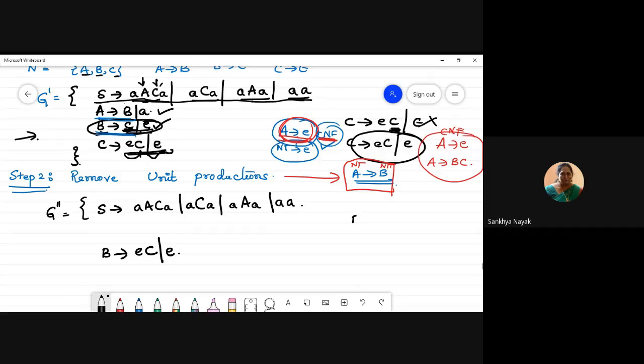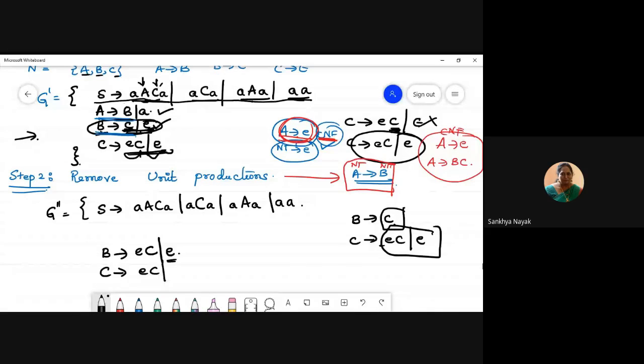See, B derives C, C derives EC or E. So in place of this C, I am going to replace this. That's all. And originally it had E, but it is already written, so I don't need to rewrite it. Right. So C derives EC, E will remain. B derives C will be changed as B derives EC or E.